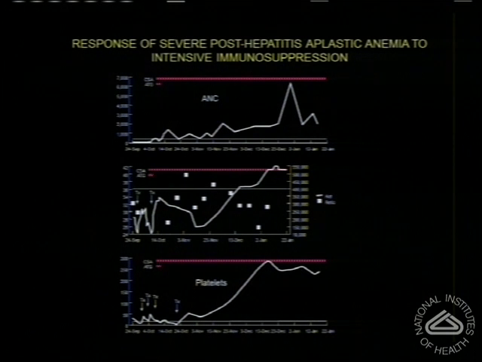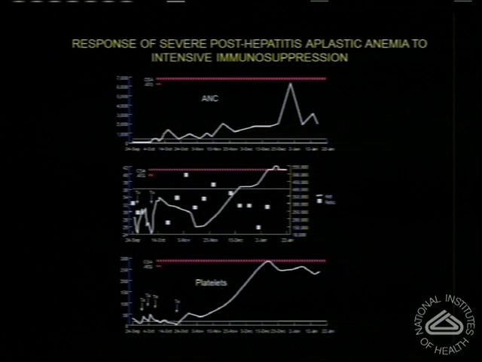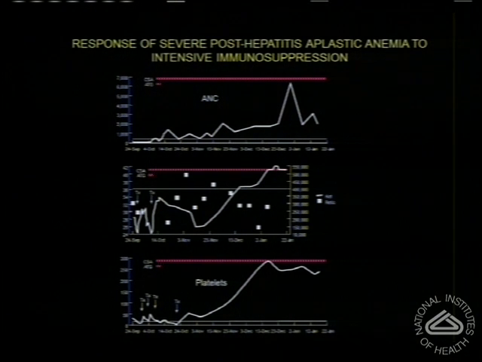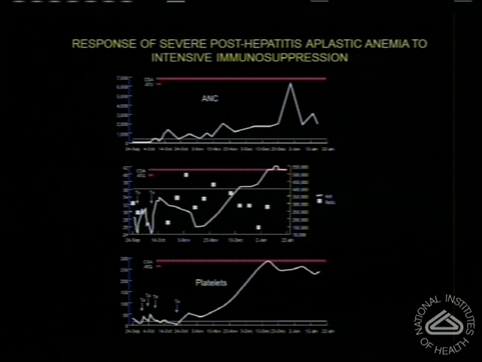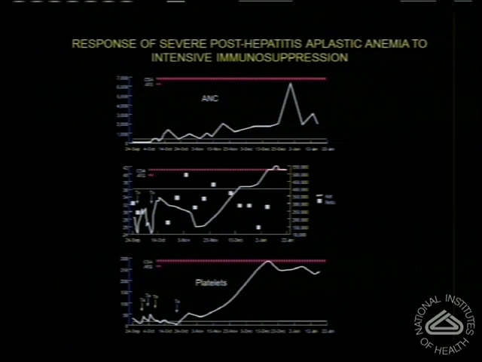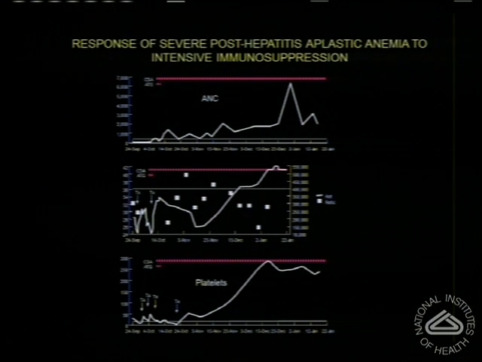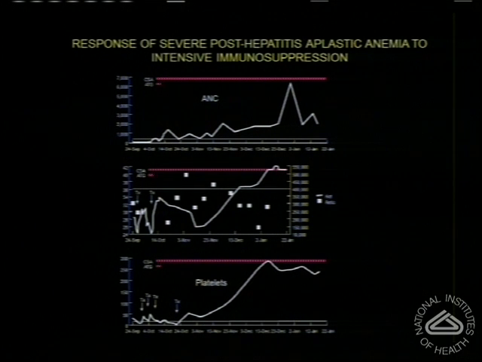So let's talk about the immune pathophysiology very briefly, just to give you some of the drama of treating patients with severe aplastic anemia that we now experience fairly routinely, but was a big deal back in the 1980s. So this is a young patient who came to us with a very stereotypical form of aplastic anemia. He's a 16-year-old boy from Colorado who had had an episode of hepatitis about 3 months earlier.